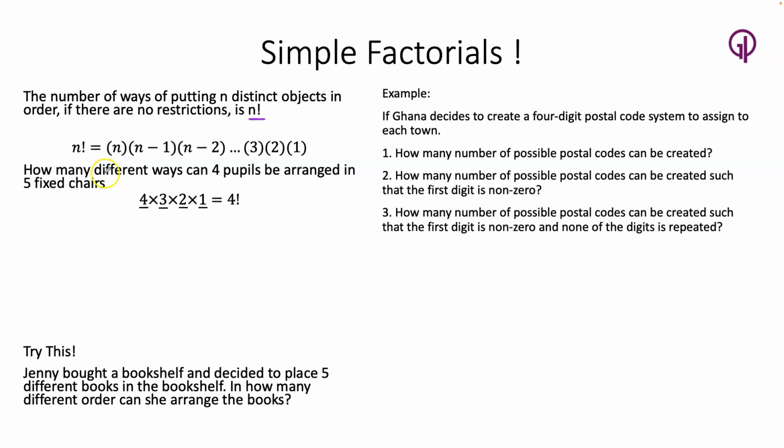The term n factorial refers to the product of all the positive integers from 1 through n inclusive. So you have n, then n minus 1, then n minus 2, all the way to 1.